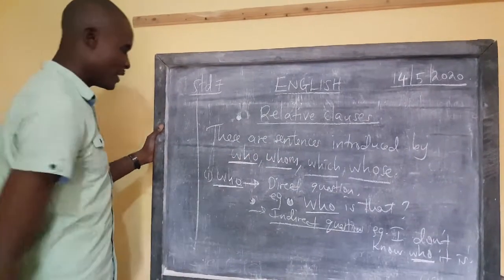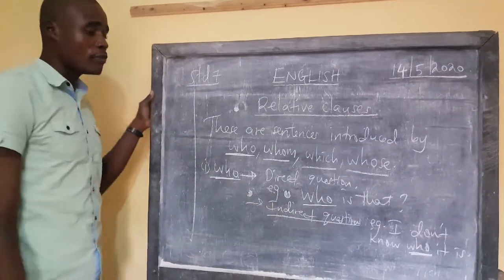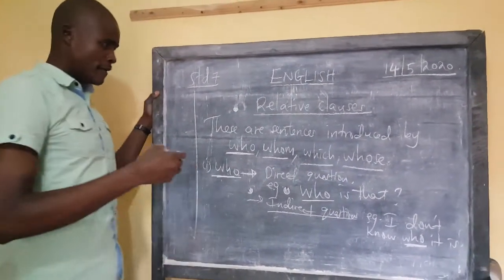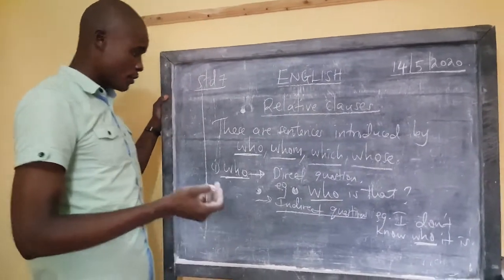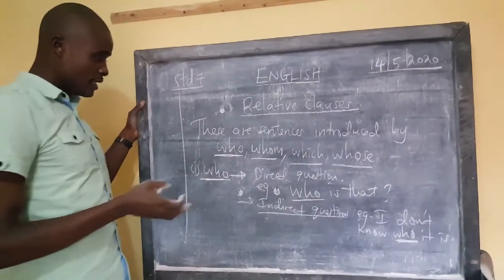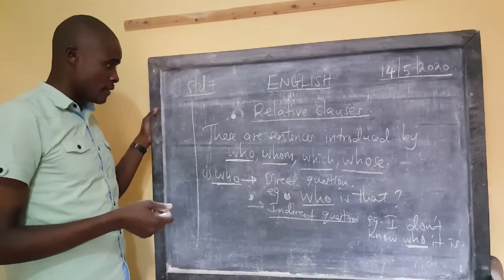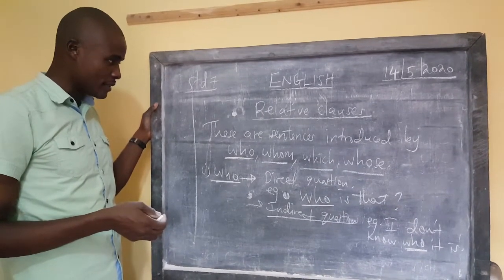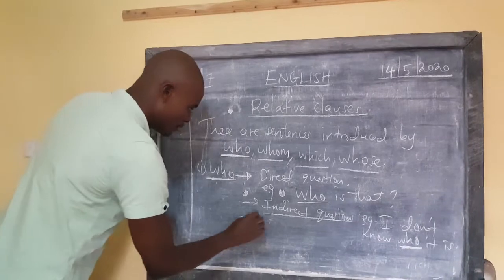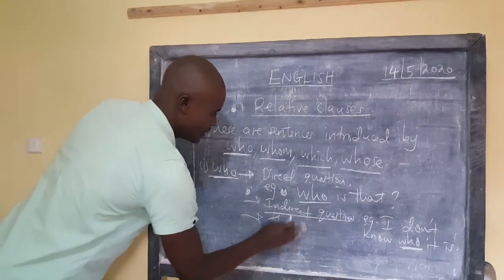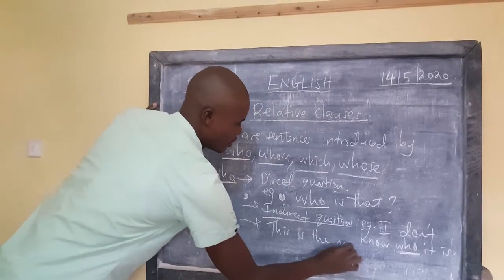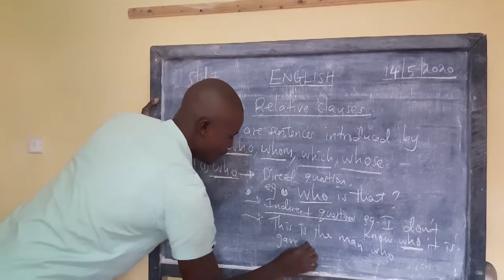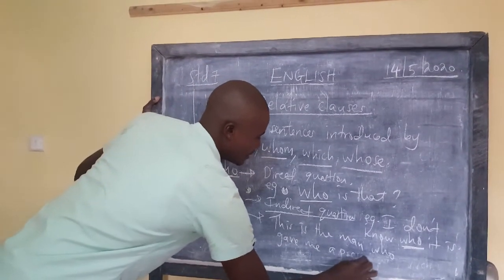The third one, it can also be used when you are mentioning the doer of the action. We can say, this is the man who gave me a present. This is the man who gave me a present.